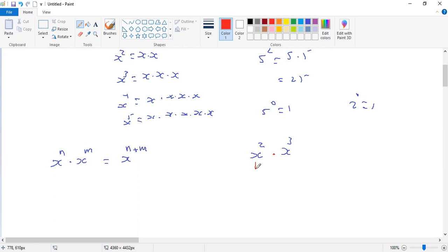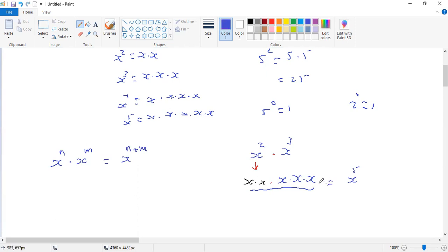Now this x squared is x times x, and x cubed is x times x times x. So now x multiplies itself 5 times, so x raised to the power 5.